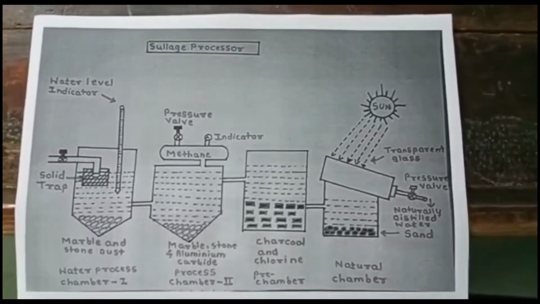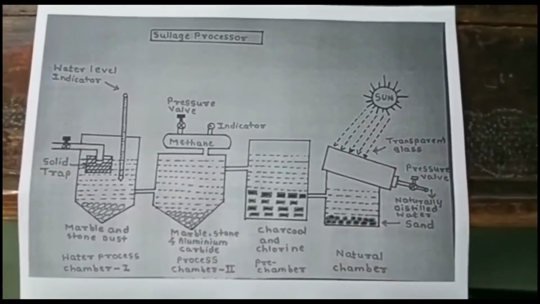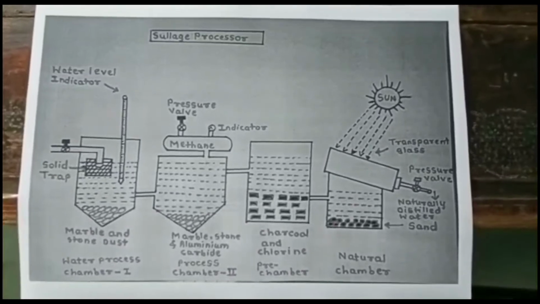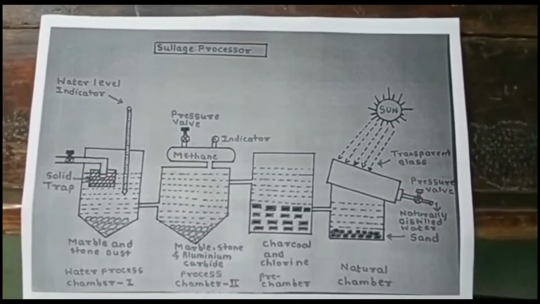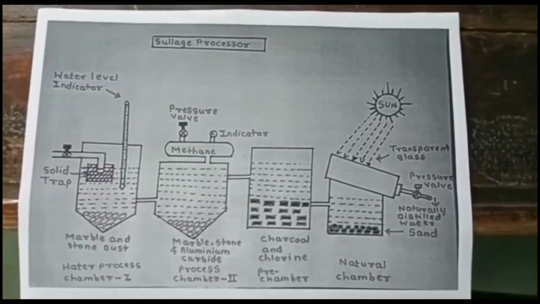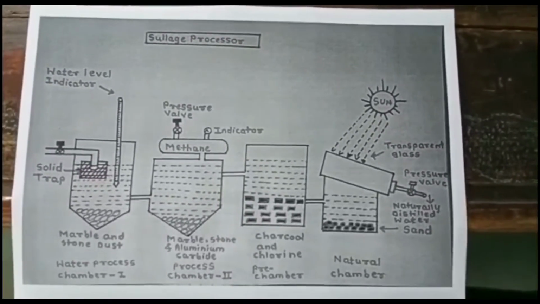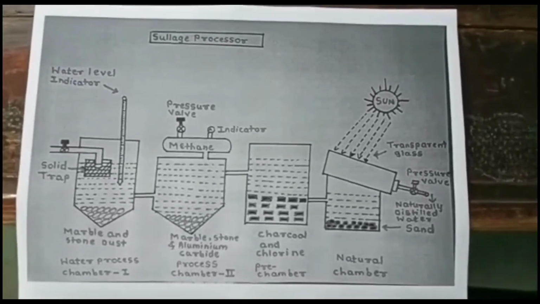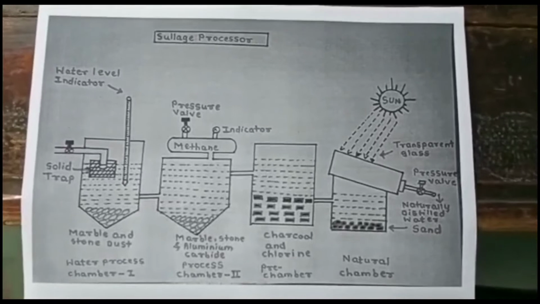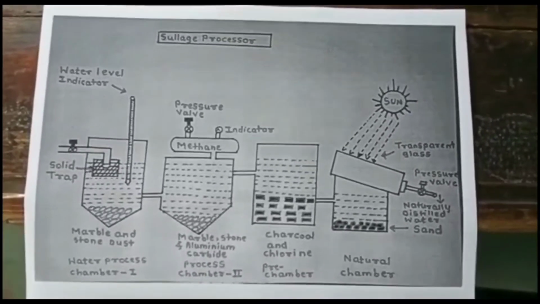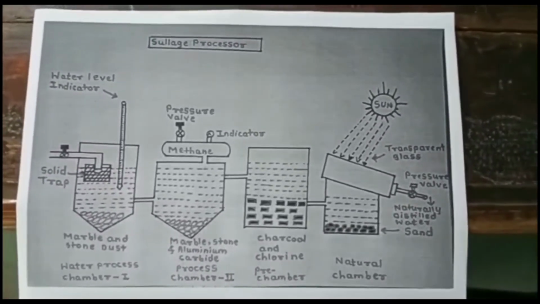At the bottom of process chamber number 2, we are using marble and stone dust. The basic purpose of using marble and stone dust at the bottom of the normal process chamber number 2 is to reduce the impurities left present from water process chamber number 1.